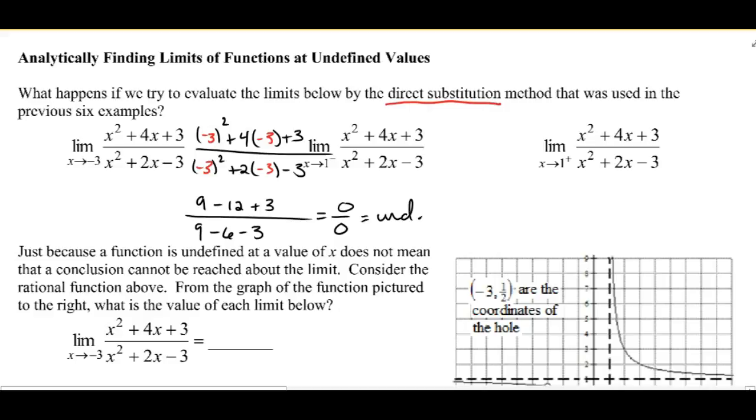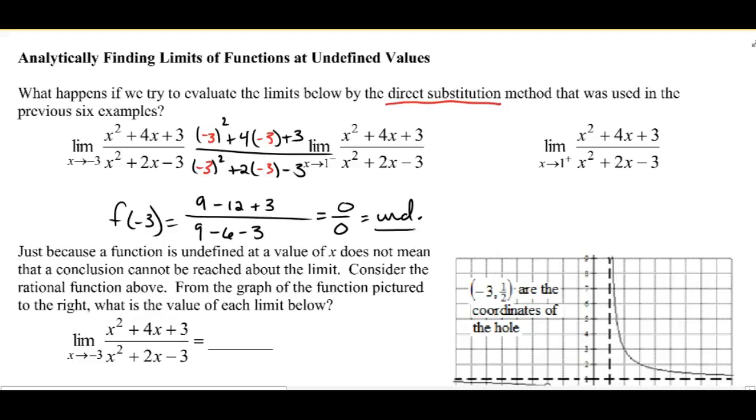If you quit there, then you're wrong, because while the function is undefined, f of -3 here is undefined, the limit is not necessarily undefined. The limit doesn't necessarily fail to exist just because the function is undefined. So this function was undefined, sure, yes. That doesn't mean the limit is also undefined.